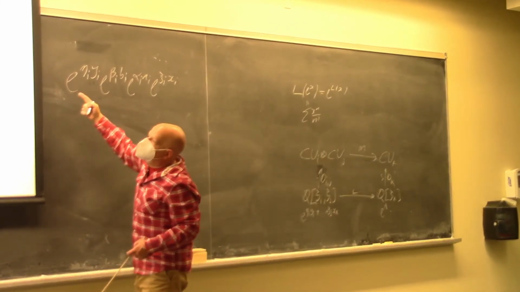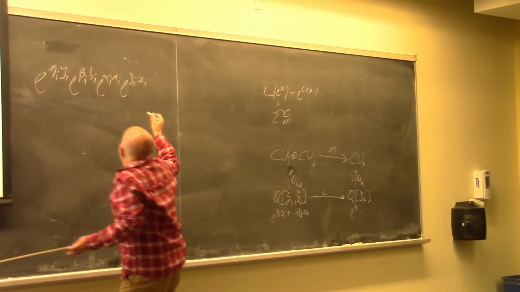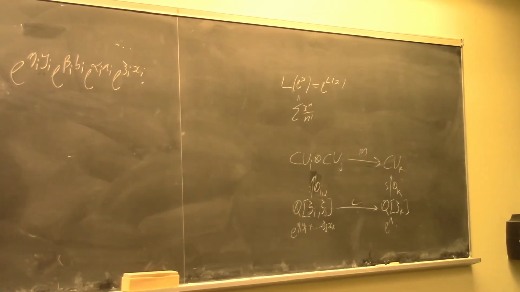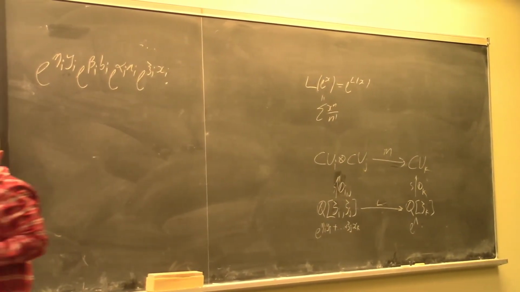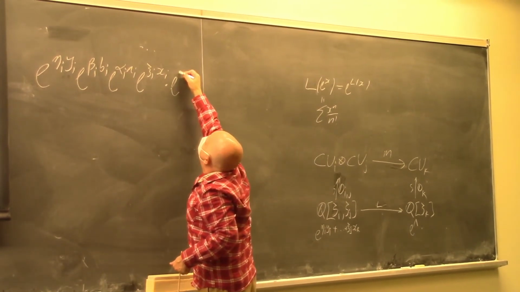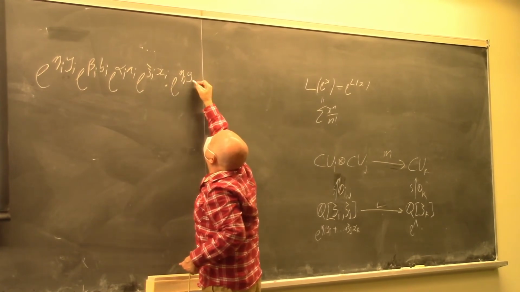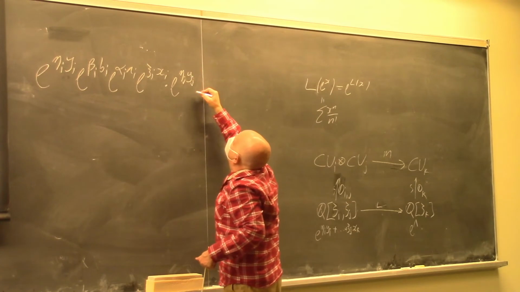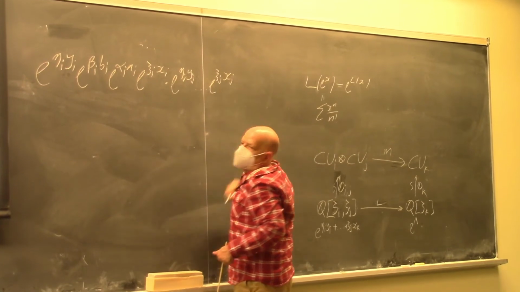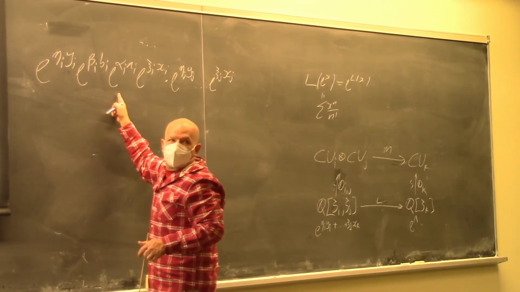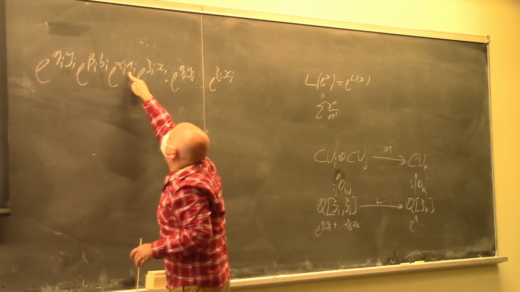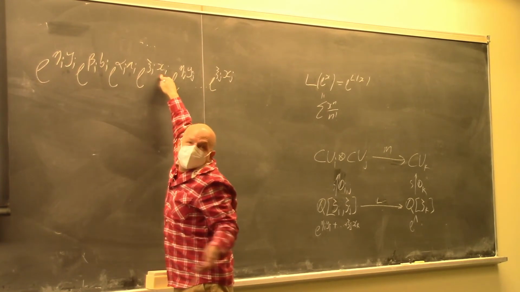Before applying the ordering map, I'm still in a commutative world. So the exponential of a sum is the product of the exponentials. So in fact, I can continue with e to the eta j yj, and so on, up to e to the psi j xj. Now I order these things, which basically means that I put all the y's before all the b's, before all the a's, before all the x's. But that's exactly how I wrote it.